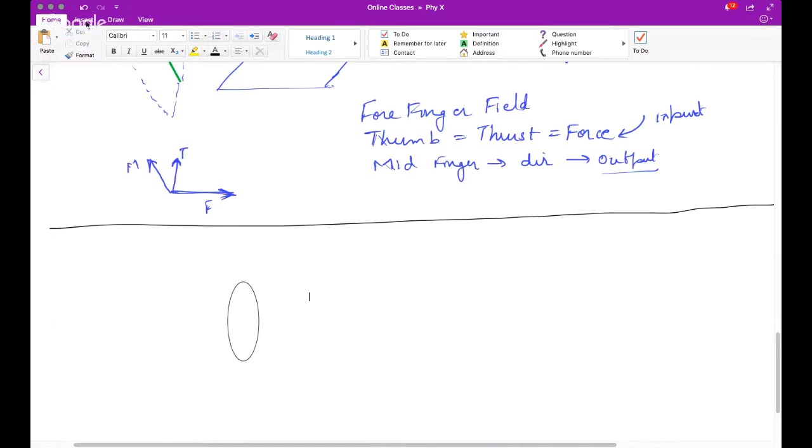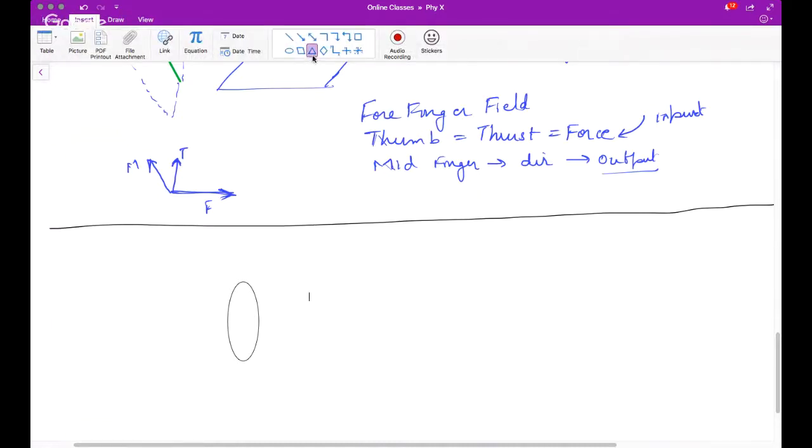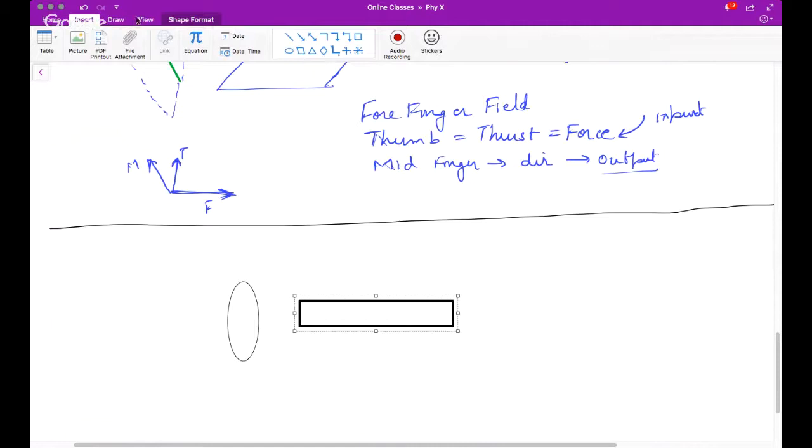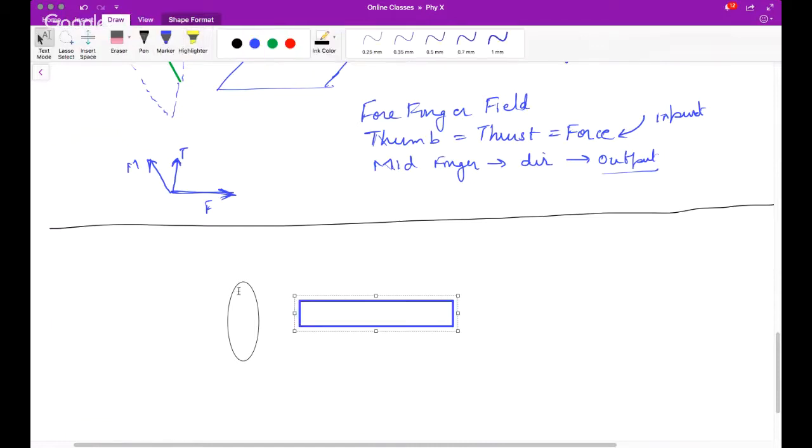Okay, and let us say that we have a bar magnet. This is my north pole, and this is my south pole.